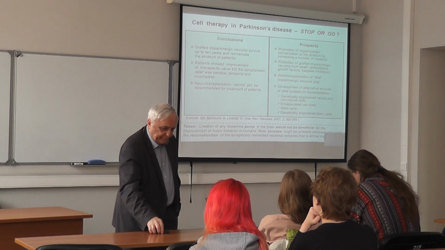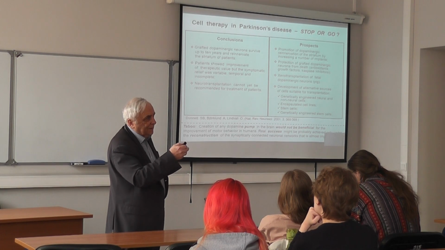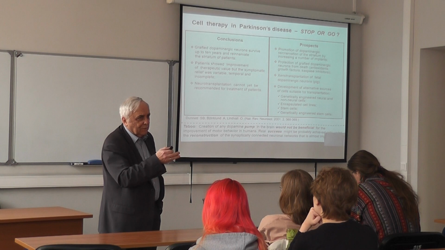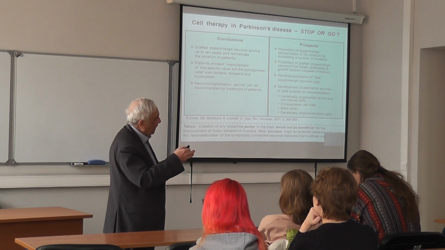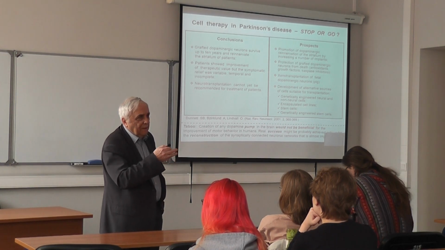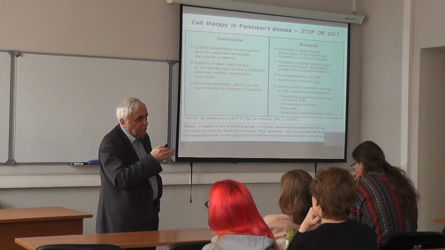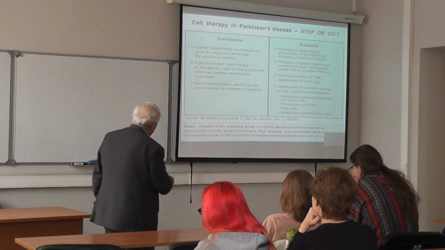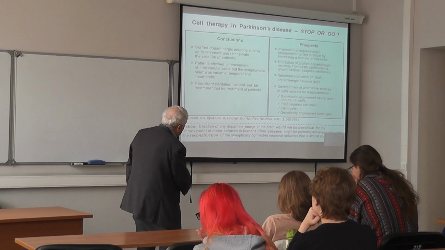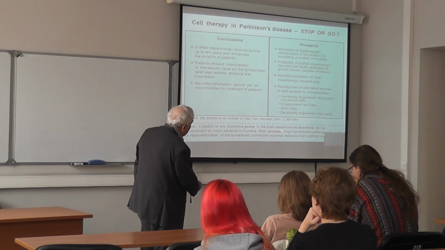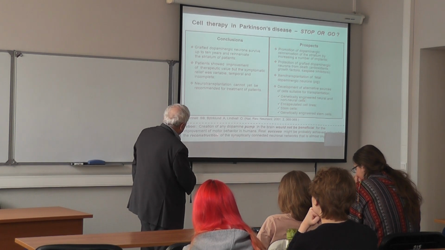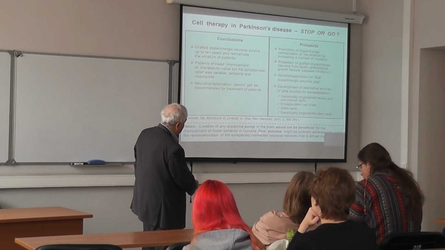But it means that in this case, this dopamine could realize only volume neurotransmission, but not synaptic neurotransmission. And look, the creation of the dopamine pump in the brain would not be beneficial for the improvement of motor behavior in humans.